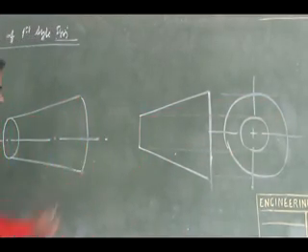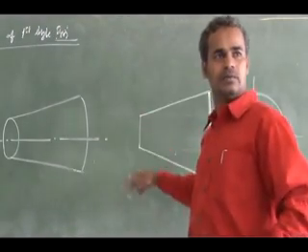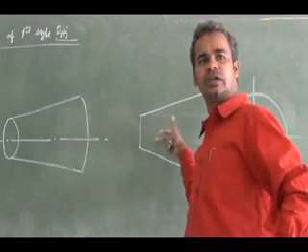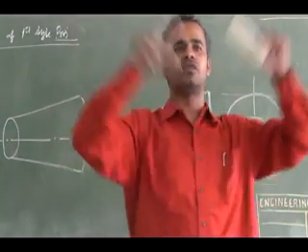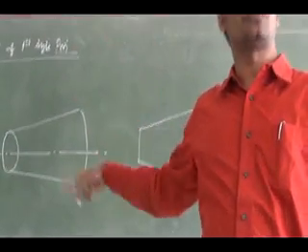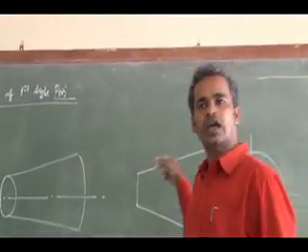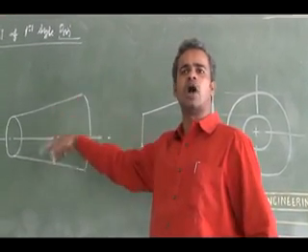Similarly, I can draw another view, the right side view. If I look at the frustum from the right side, I can see the bigger circle fully visible.